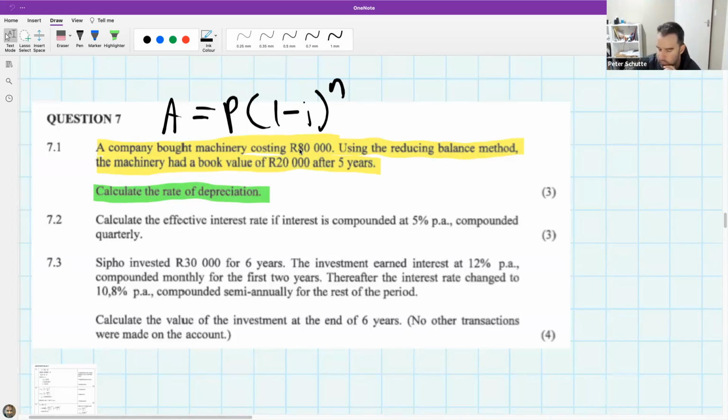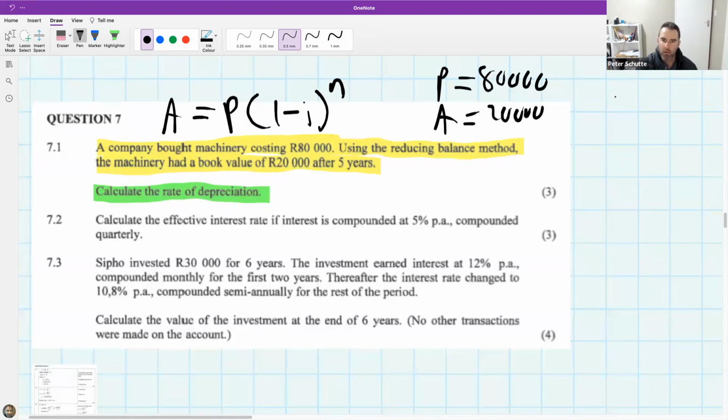What do we think? The rate of depreciation. So your P value is 80,000, your A value is 20,000. What is your N? Your N is 5.